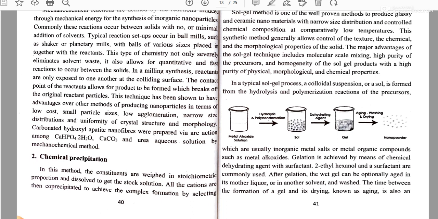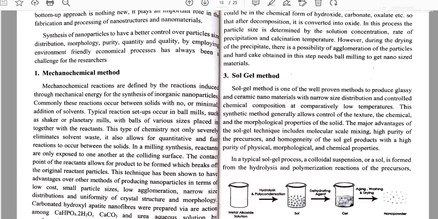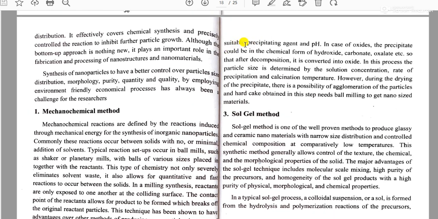And we are adjusting or controlling the pH also for this precipitation. So we are precipitating it at a specific pH. In this case at a basic pH we are doing the precipitation.